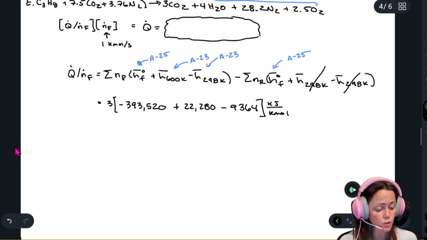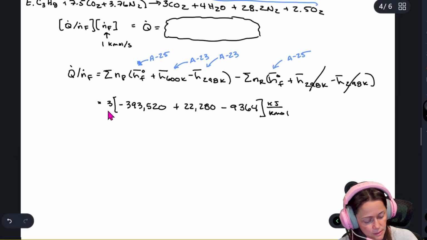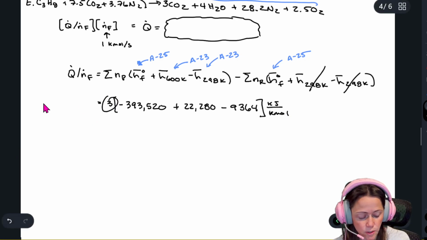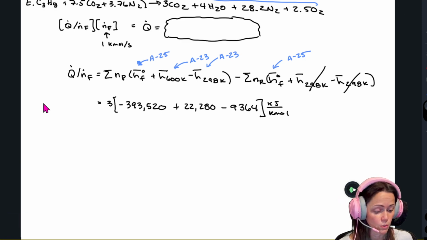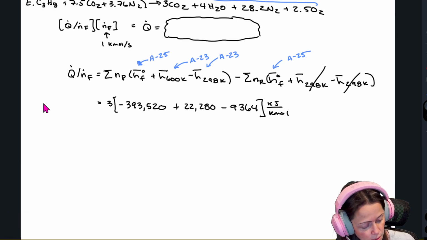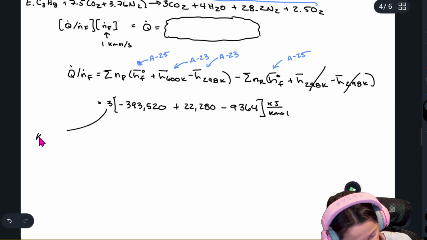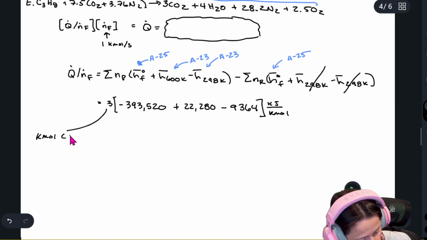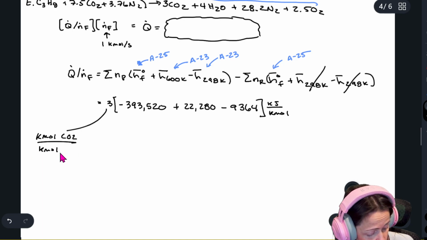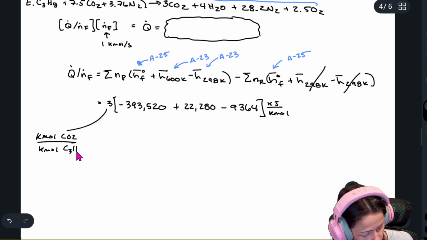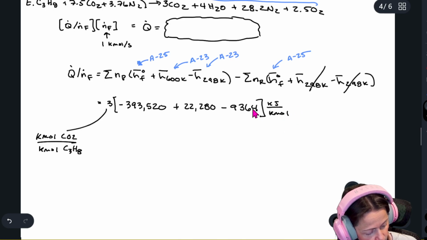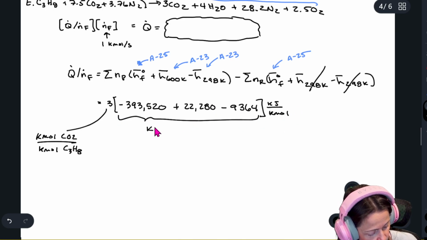It's kilojoules per kilomole of fuel because this is kilomole of CO2 per kilomole of fuel, C3H8, and all the stuff on the inside is kilojoules per kilomole of CO2.